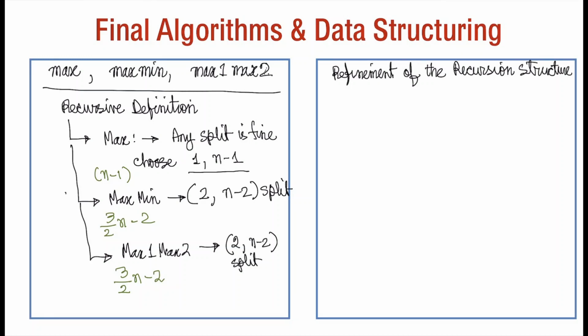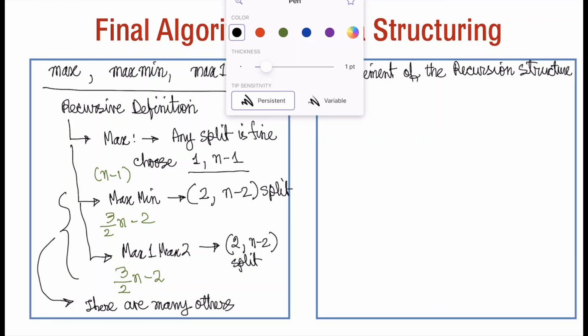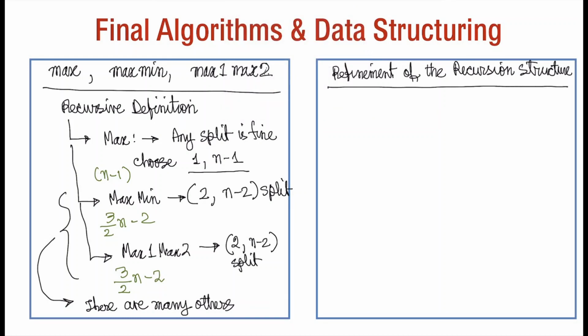What we saw in these two cases is that while 2 n minus 2 split is optimal, there are many others. So what we found out was that for max, no further refinement.